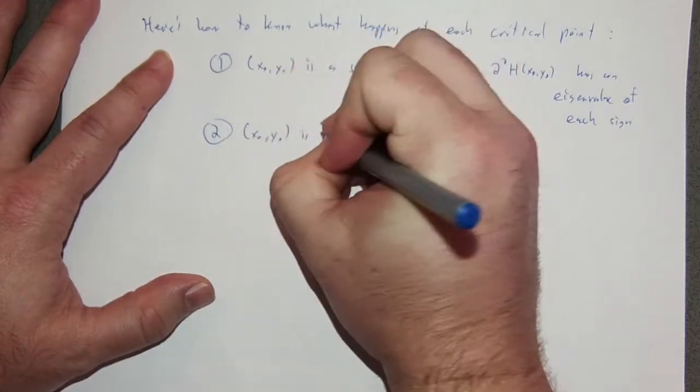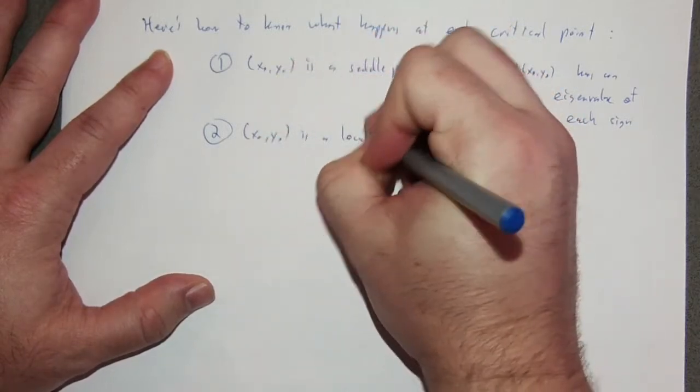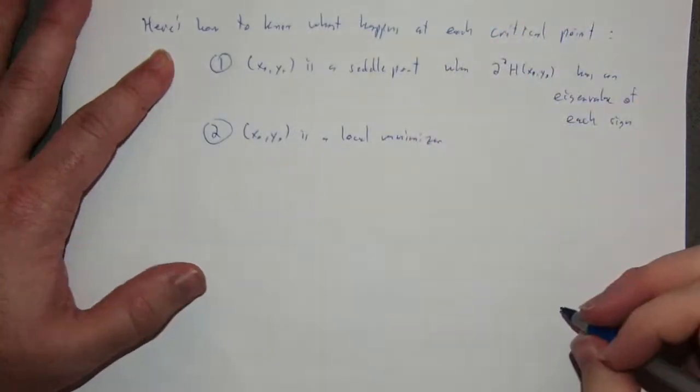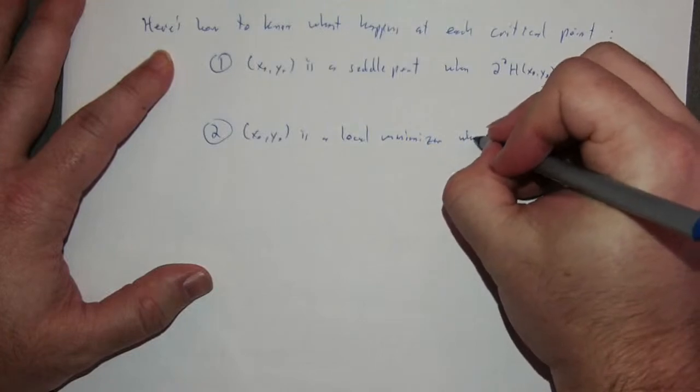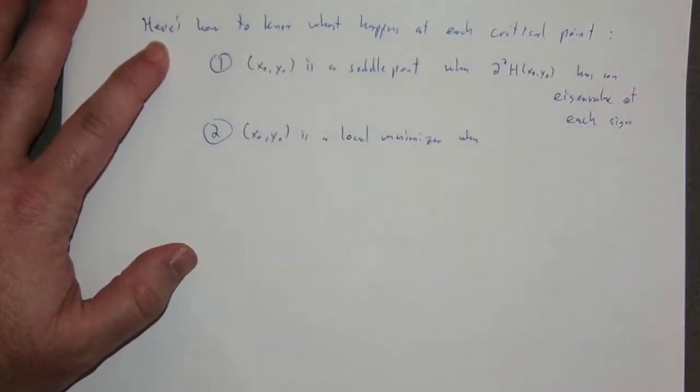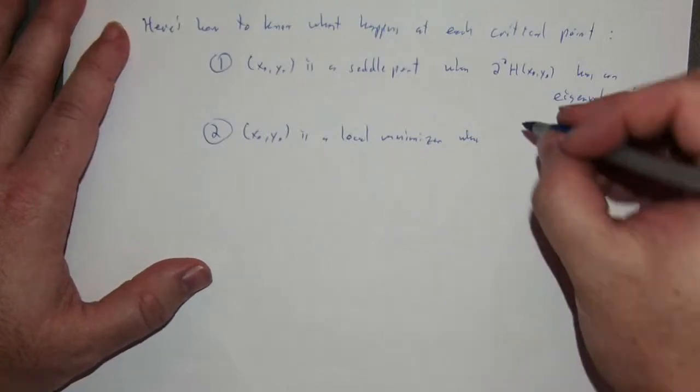2, x naught y naught is a local minimizer when the Hessian has two positive eigenvalues.